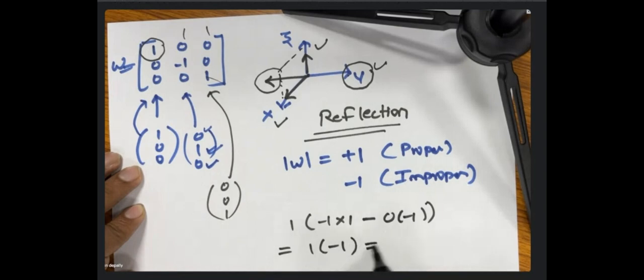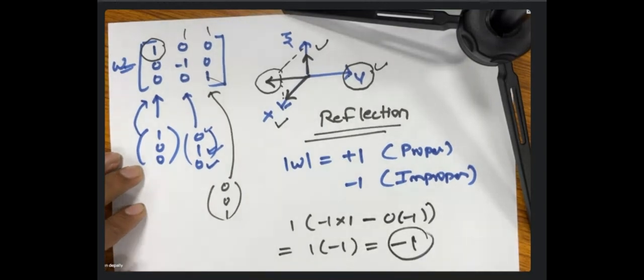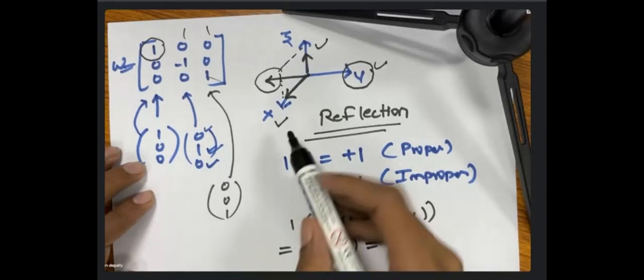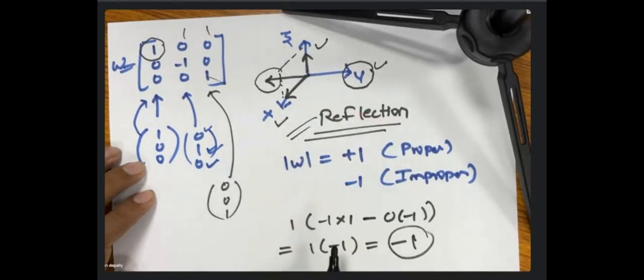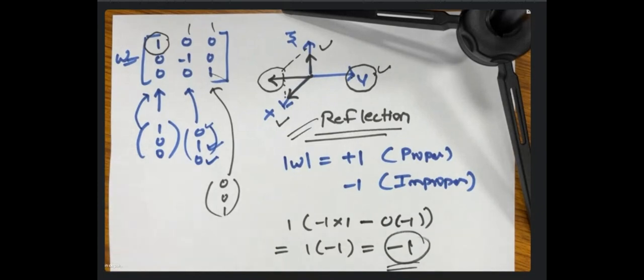So effectively we are getting minus 1. Again we have proved that this particular reflection gives minus 1. It's an improper symmetry operation. And that's how we have solved this particular option A.